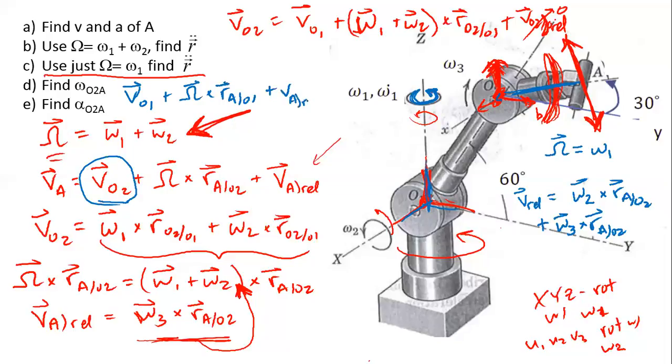Okay. So if you did, then the VO1 would be equal to 0, right? Yeah. Okay. So then you just have to be really careful because, like I was saying before, what'll happen sometimes is people will include this and they'll cross omega 3 with this distance, right? And you can't do that. There's nothing in omega 3 that's affecting the link between O1 and O2. Okay. Thanks. Sure.